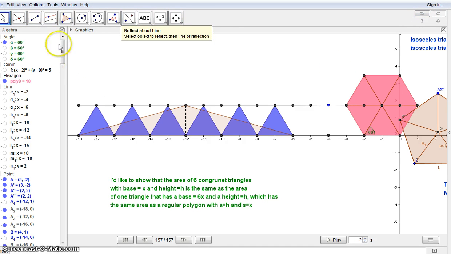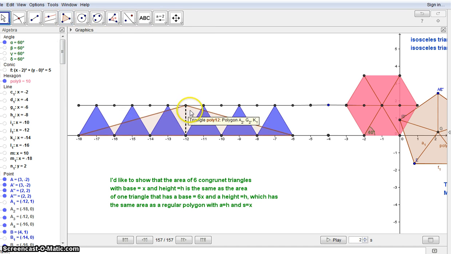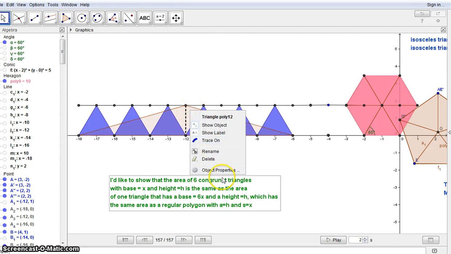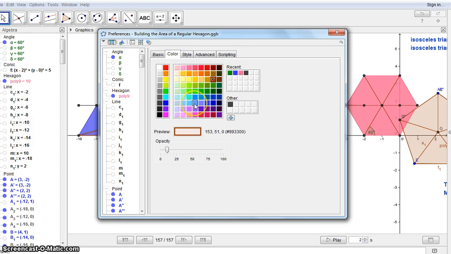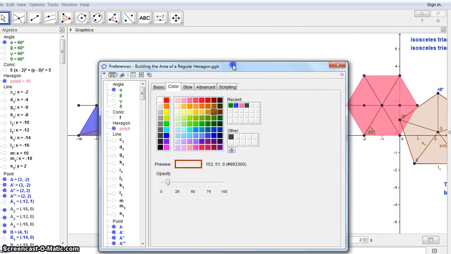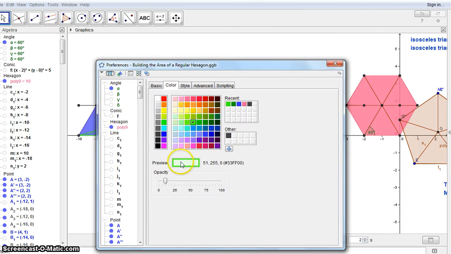Okay. Let's change the color of this polygon. What haven't we used over here? I've got blue. Okay, so we could use a green.